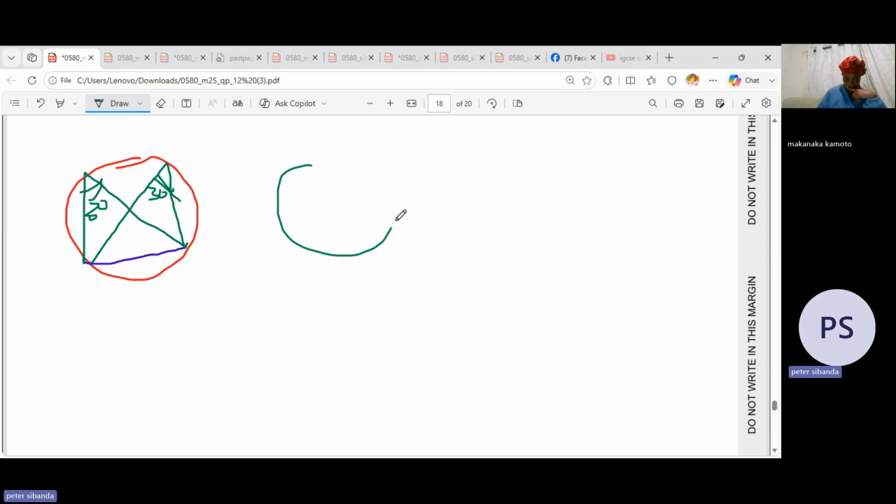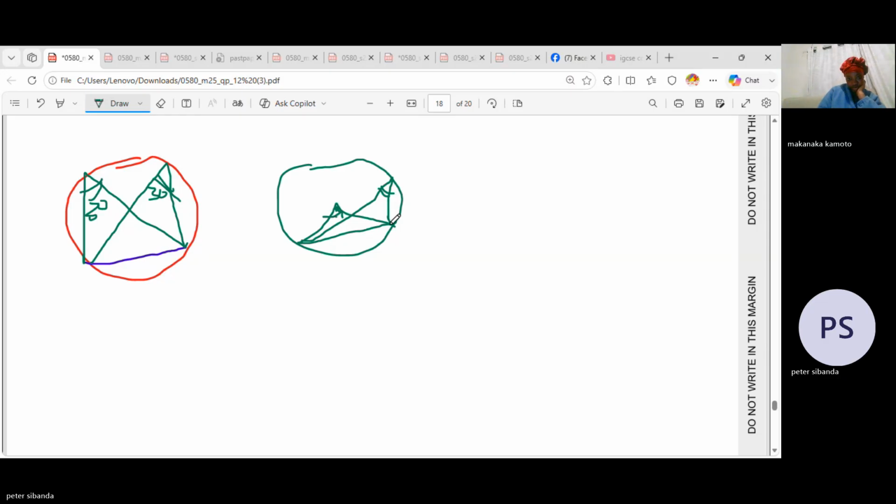Then we also had a theorem that when a chord is drawn here and the center is there, one angle is subtended at the center, another is subtended at the circumference. We said the one at the circumference is half the one at the center.